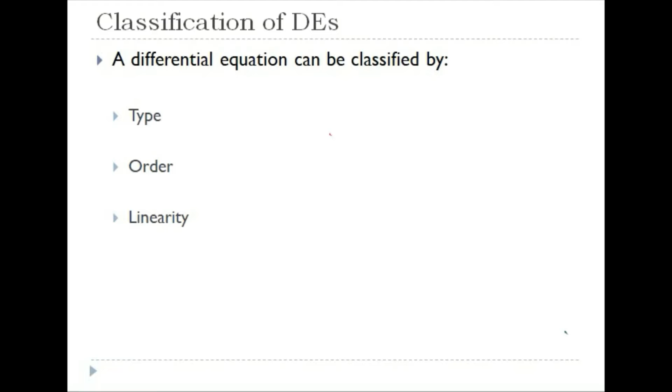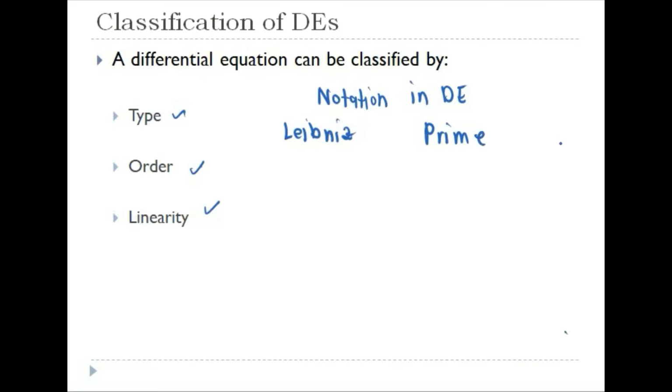So now we go to the classification of DE. Basically, DE can be classified based on type, order and linearity. Before that, I want you to be familiar with the notation used in DE. We have three, basically: Leibniz, prime notation and dot notation.